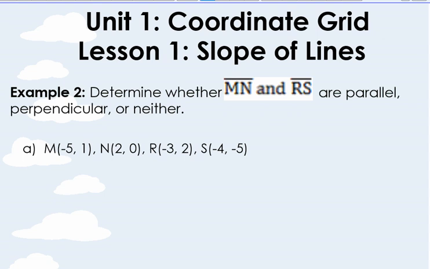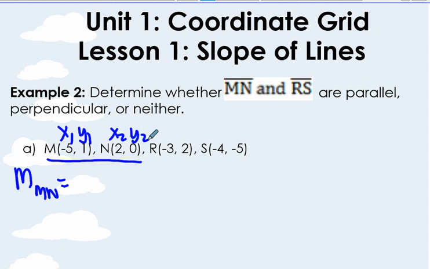Okay, so here we're going to determine whether M N and R S are parallel, perpendicular, or neither. So that means we need to find the slope of both lines. I'm going to do M N here in blue. So the slope of M N is going to equal, okay, let me label my points, x1, y1, x2, y2.